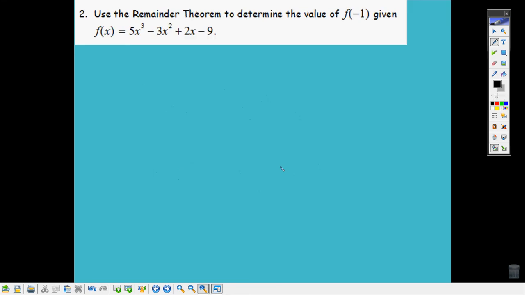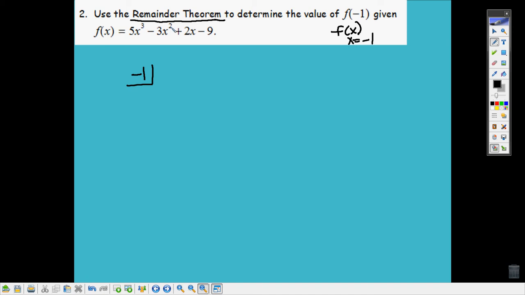Okay. Number 2 says to use remainder theorem to determine the value of f of -1 given f of x. So again, just like factor theorem, remainder theorem is your clue that you need to be using synthetic division. So they're requiring you to use a specific method to get credit for this. Okay, so I'm going to put -1 in the box because we know this is f of x, so x must equal -1.